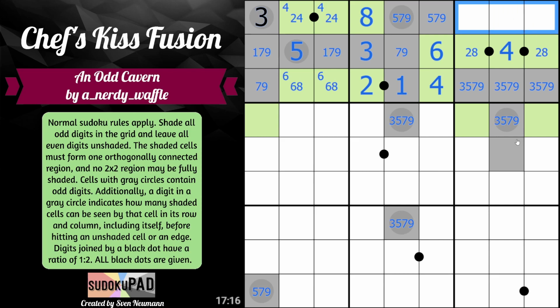We still need to place 1. 1, 5, 7, 9. Well, whichever one is a 2, that definitely will eliminate 1 from there. 8 doesn't eliminate 4 or any odd digits, so wherever the 2 goes, we can't have a 1. But 1 could also just go in the center. It doesn't have to go there.